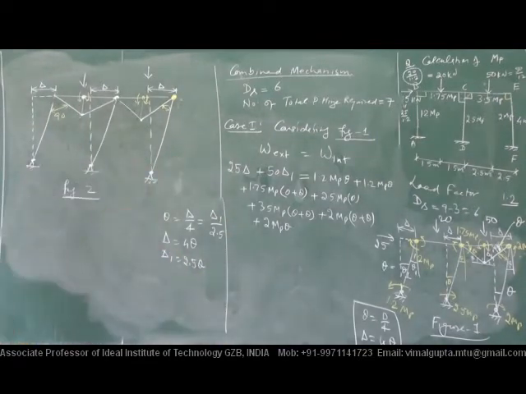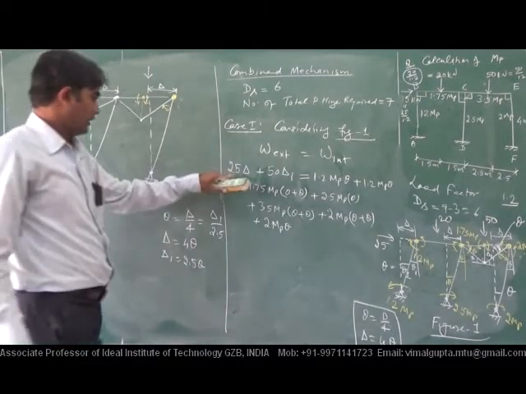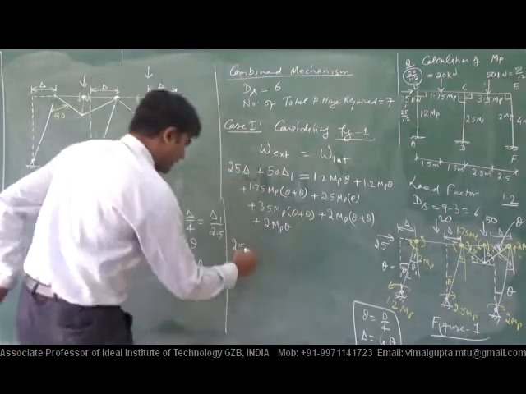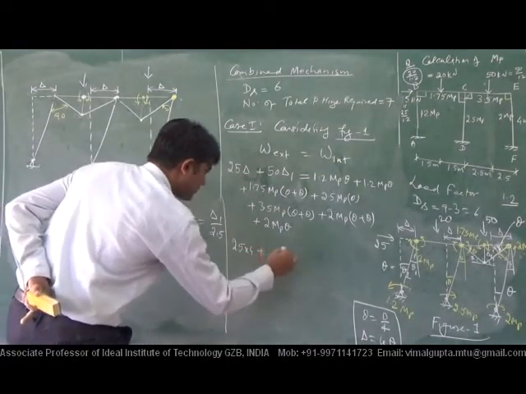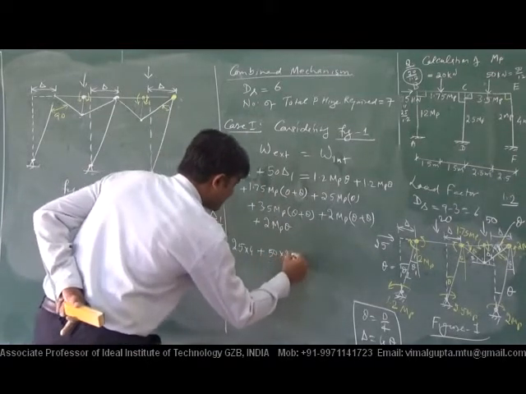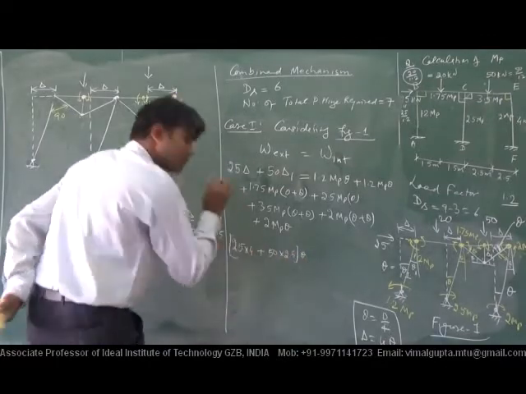Now put that value to replace, to eliminate. So this is 25 into 4 plus this is 50 into 2.5 times theta.